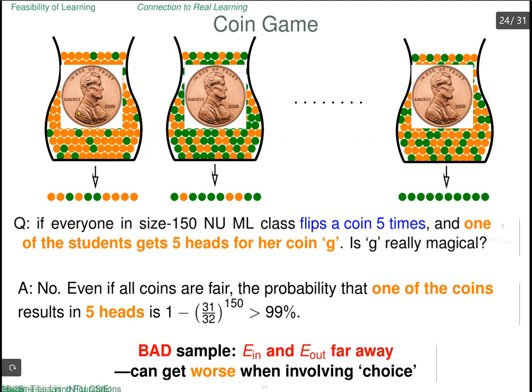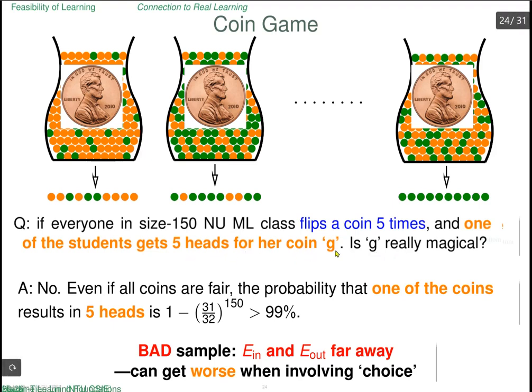Assume that we perform M experiments with the coin. A question: if everyone in the class, let's assume 150 students, flips a coin 5 times, and one of the students gets 5 heads for her coin called G, and it's a fair coin, then is G really magical?